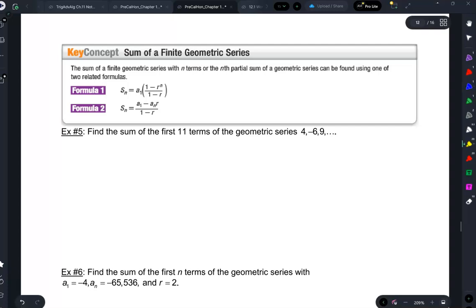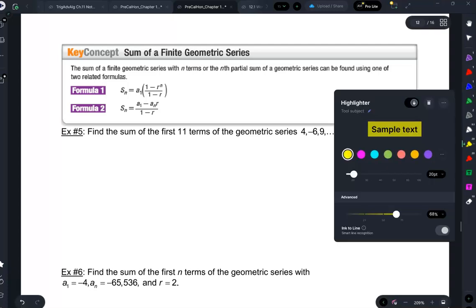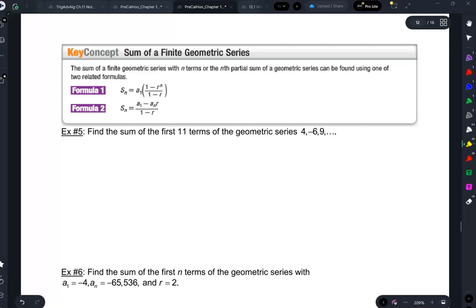Again, we have two versions, and just like we did in the arithmetic case, one is just like the other one substituted in. This is the first format of the sum of a geometric series. And here is the second format. So you see in this one, you have a sub n.